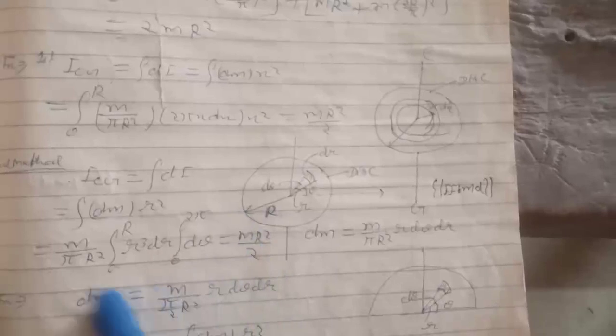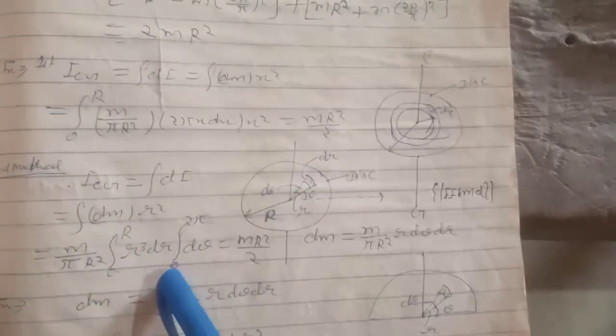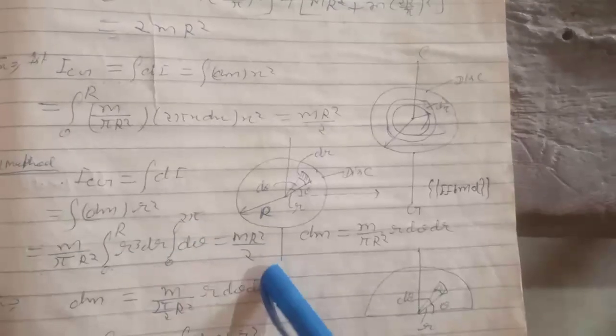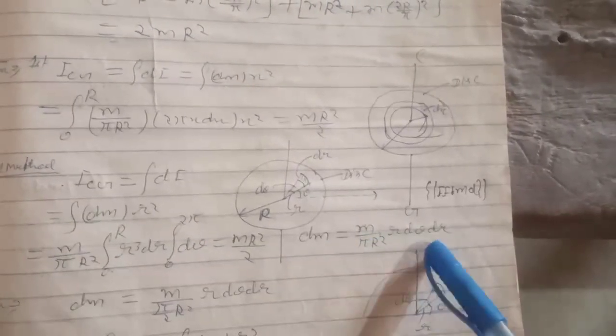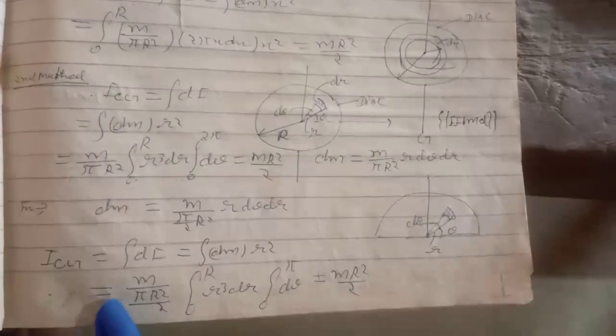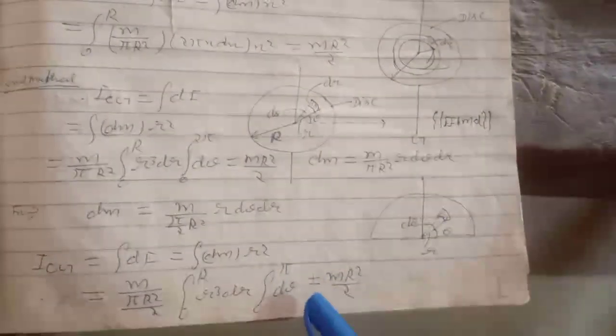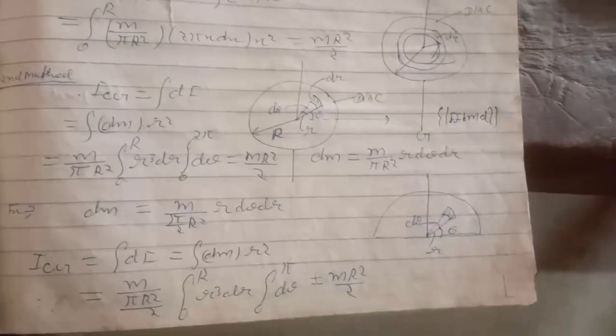In this case, ICG equals integration dI, integration dm into r square, m by pi r square, 0 to r r cube dr, 0 to 2 pi d theta, equals mr square by 2. dm equals m by pi r square into r d theta dr. For a semicircular disk, dm equals m by (pi r square by 2) into r d theta into dr, and ICG equals integration dI, integration dm into r square, or hence equals m by (pi r square by 2), 0 to r r cube dr, 0 to pi d theta, equals mr square by 2.